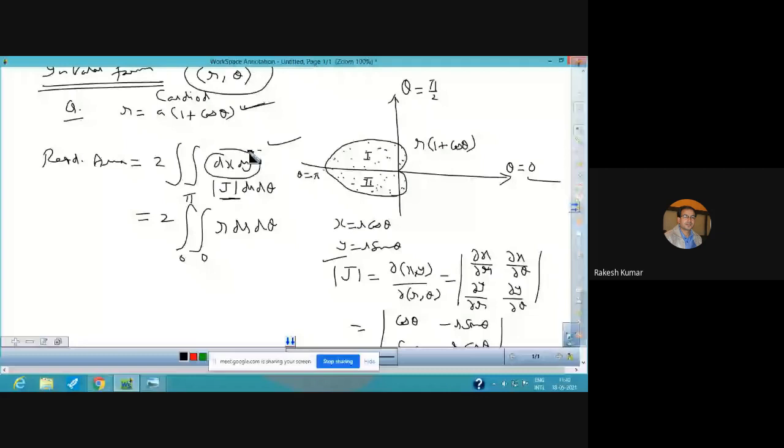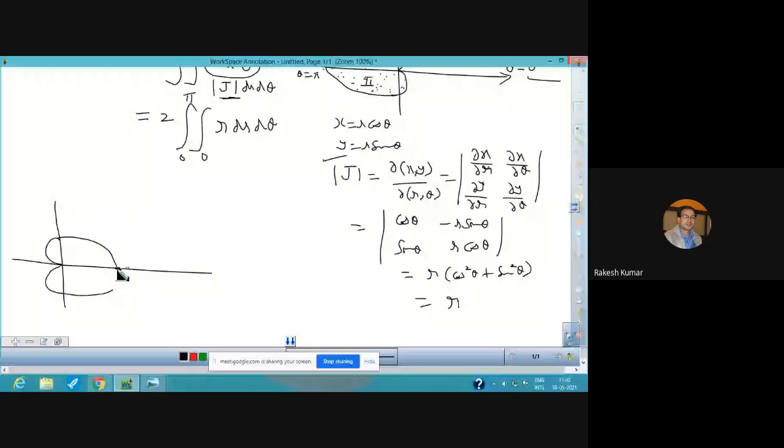I will tell you the difference between the 2 types of cardioid. This is the cardioid with the positive sign. Similarly, we will have the cardioid with the negative sign, and the cardioid with the negative sign will have this shape. So this will be the shape of the cardioid. Please plot it carefully. You must have a clean figure.